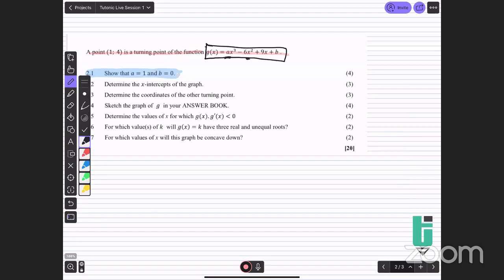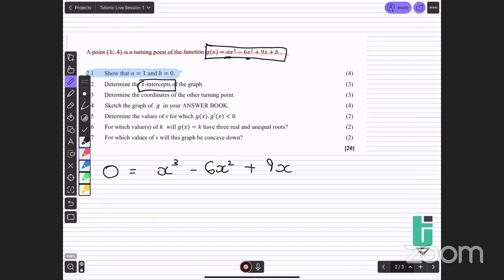Oh, okay. So we want the x-intercept. So what do we make y? 0, right? So it becomes x cubed minus 6x squared plus 9x plus 0. So what's the first thing that we do when we're wanting to solve a cubic equation?